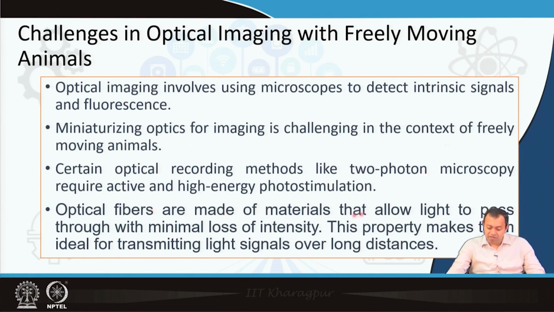Optical fibers are made of materials that allow light to pass through with minimal loss of intensity. This property makes them ideal, fine, but they are only for the light to be delivered. Granted, that is going to help us tremendously, but what if I want to image, and what if I want to not insert a tube inside the head of an animal?